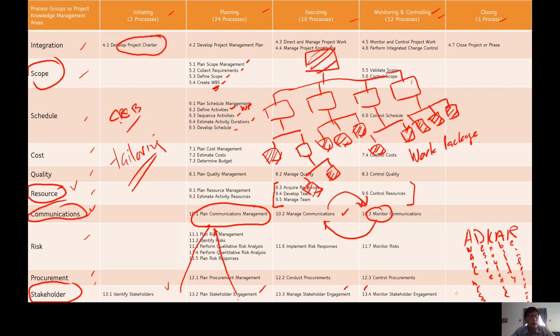We need to know the WBS. Once you have the WBS, you know, okay, for this work we need a person who has this skill, construction skill, with this many years of experience, to do this work well. We need 2 engineers, or we need these tools, this equipment, this kind of facility for each of the activities or work packages.